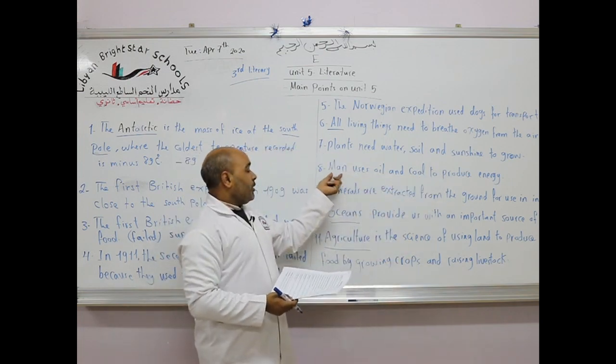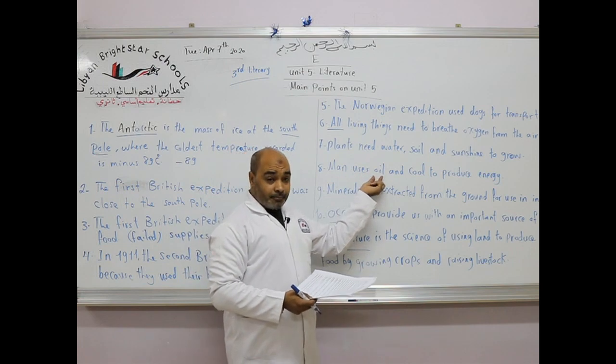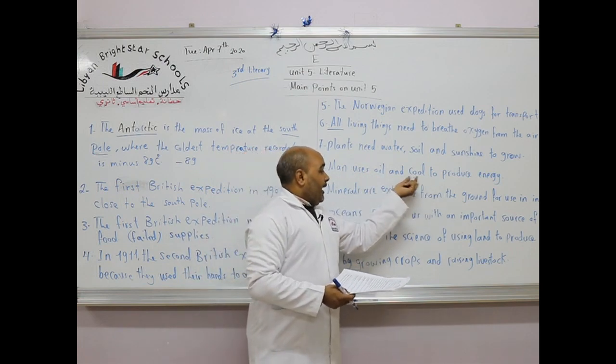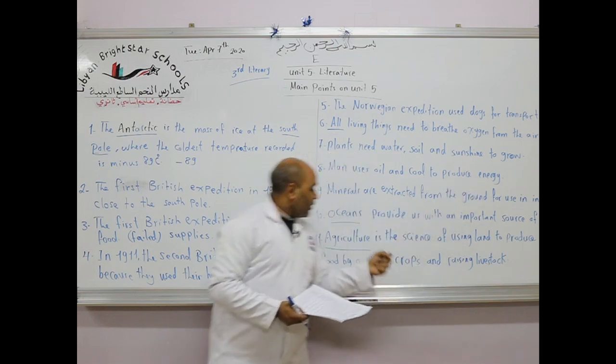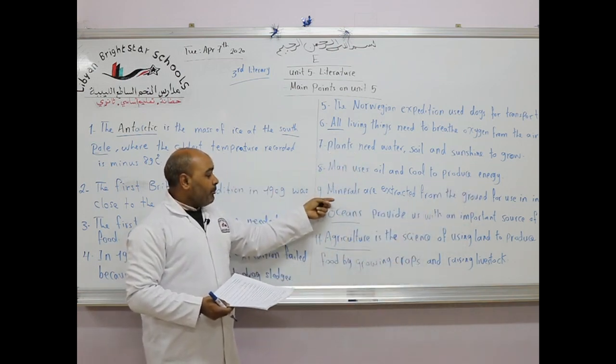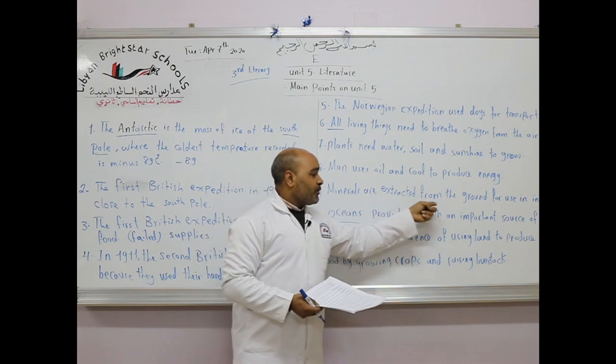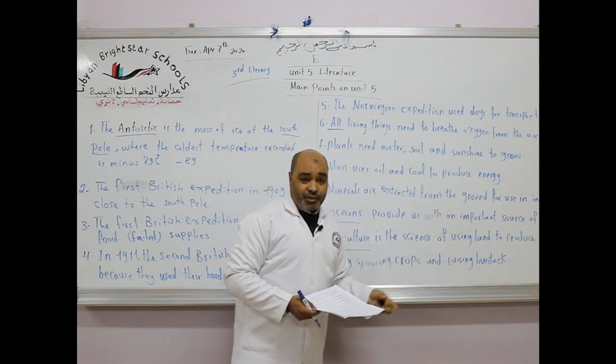Okay. 8, man uses oil and coal to produce energy. Number 9, minerals are extracted from the ground for use in industry.